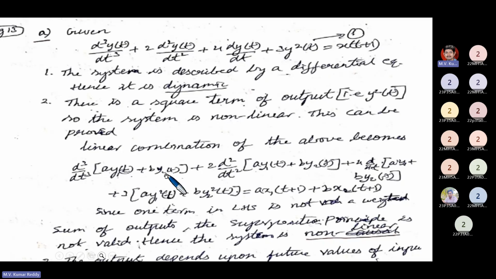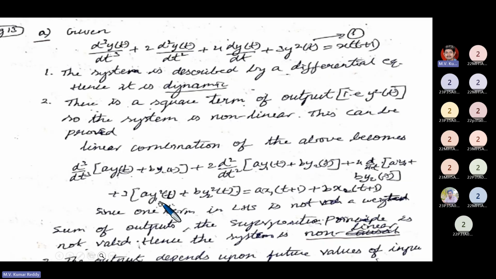Linear means, here what it means is we have to apply the superposition theorem. What is the superposition theorem? Total current is equal to individual currents. Here also, y1, y2, a into y1 plus b into y2.